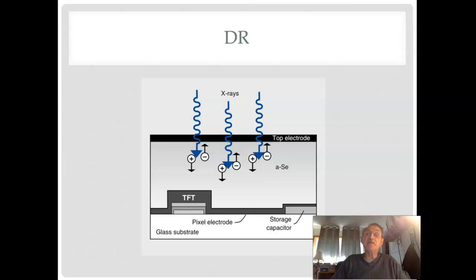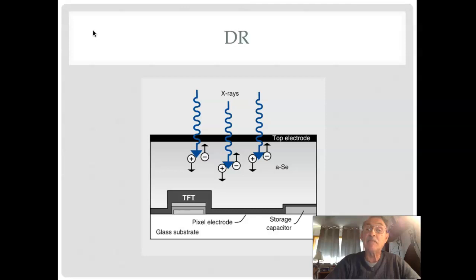So briefly, with the DR system, what happens is the X-rays come through the patient, come through the bucky, come potentially through the grid, and interface with the thin film transistor plate or the flat panel plate, and they are in the direct conversion.